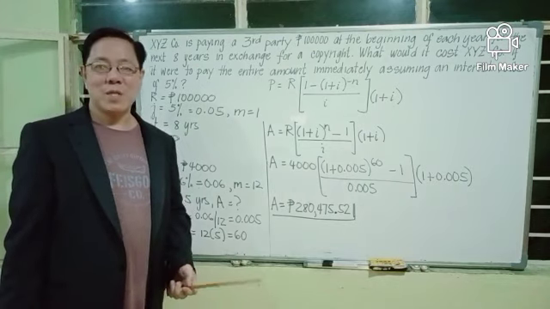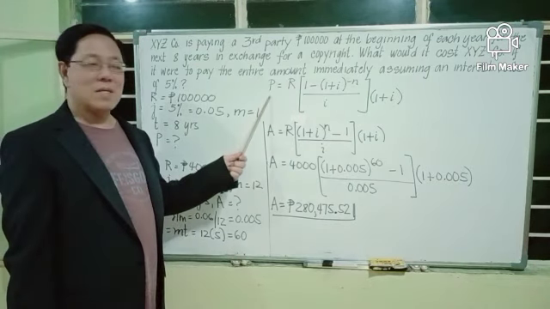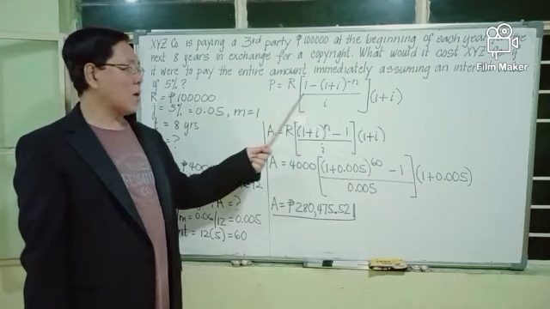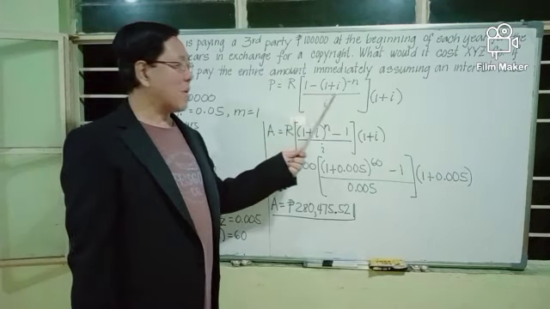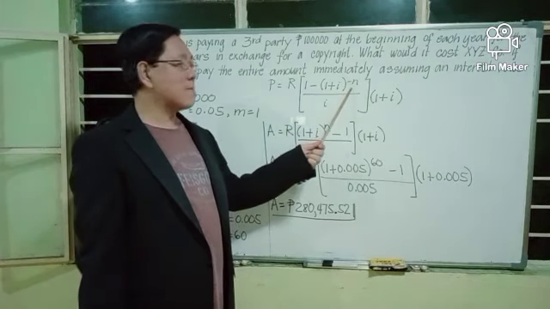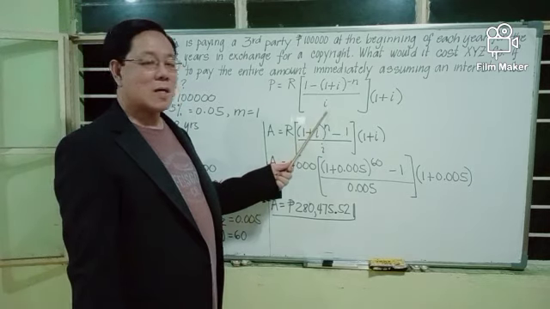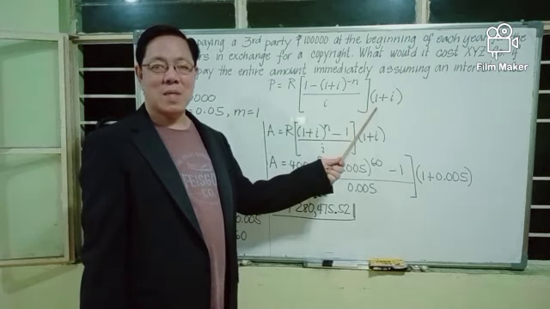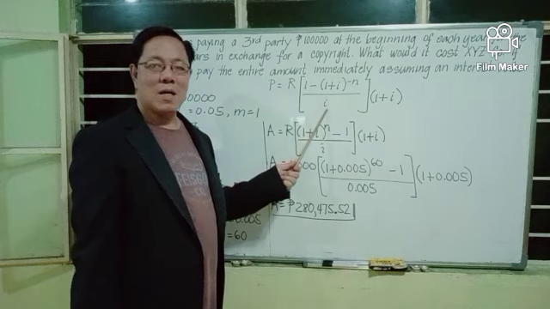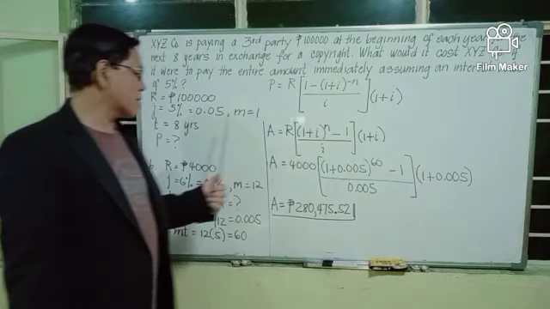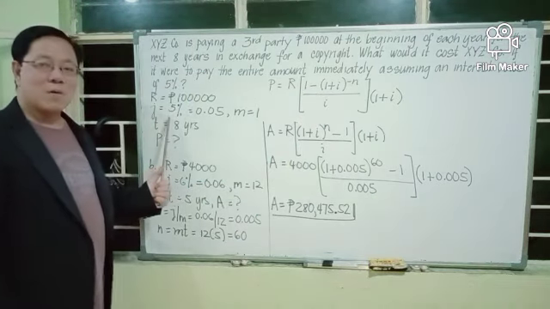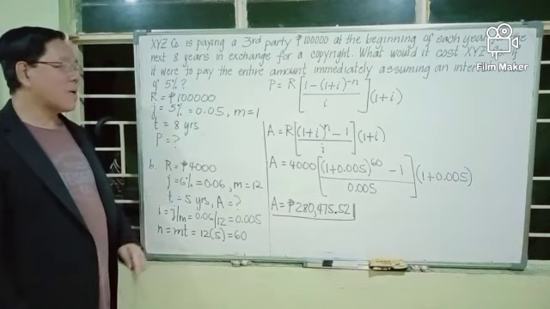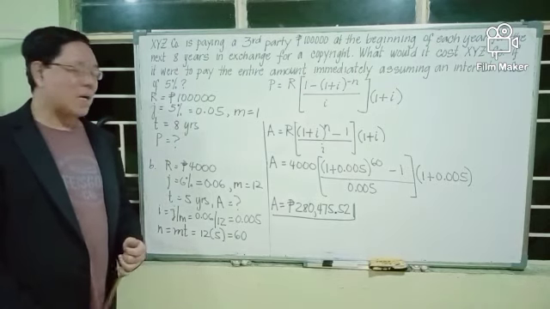Present value of annuity due is denoted by P and is given by R times quantity 1 minus quantity 1 plus I to the power minus N, all over I, multiplied by the factor 1 plus I, where I is the interest rate per period. In this example, I is equal to 5%, or by formula I is J divided by M.